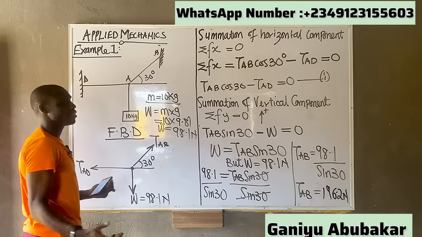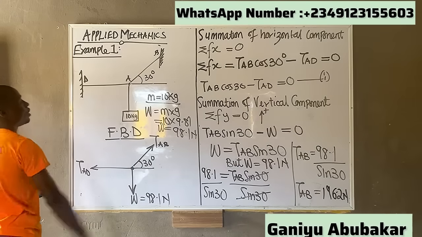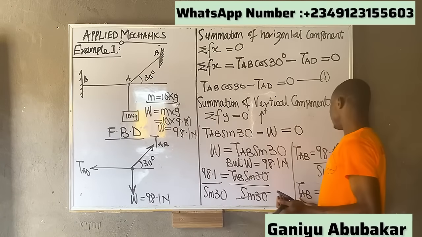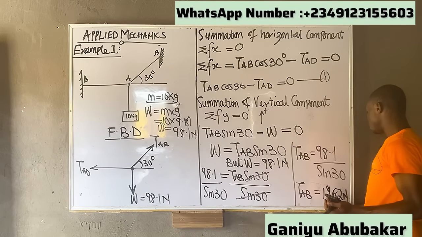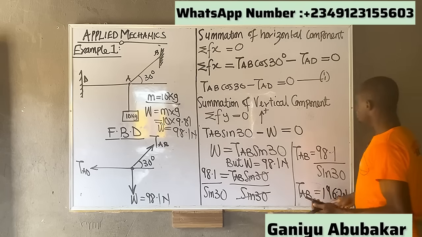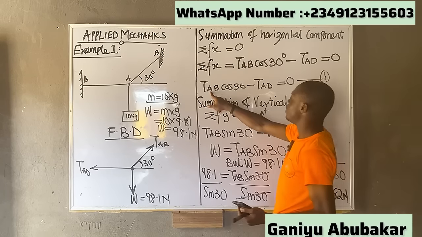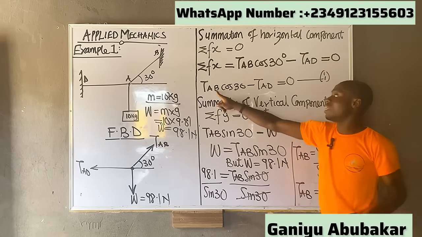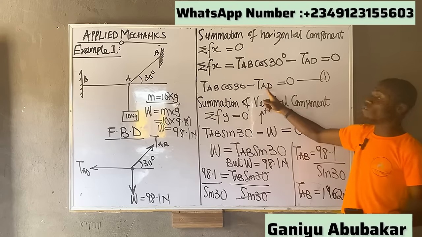The next one is to get the tension at AD. Since I've gotten TAB as 196.2 Newtons, if you go back to equation 1 and put in this value for TAB, I can easily get the value for TAD.